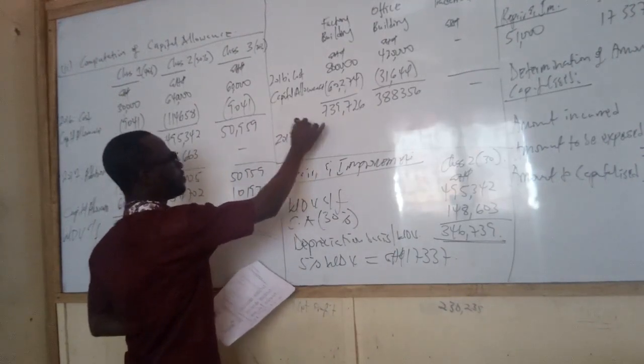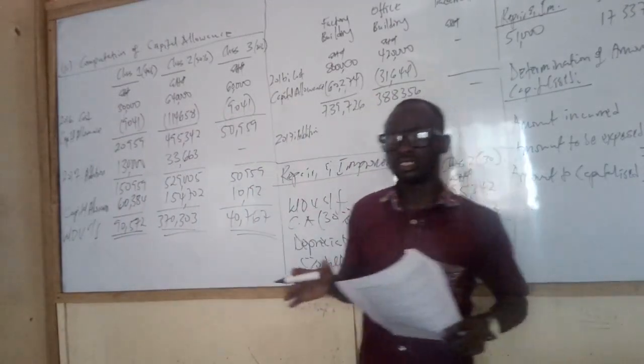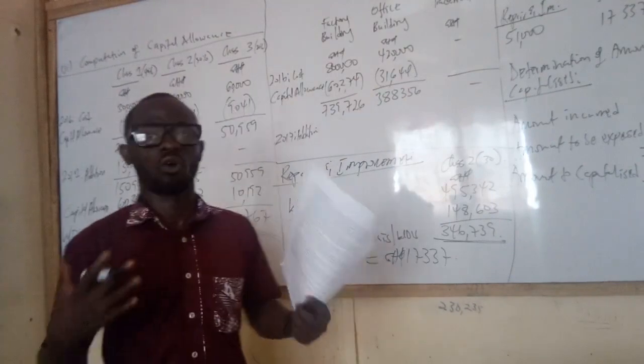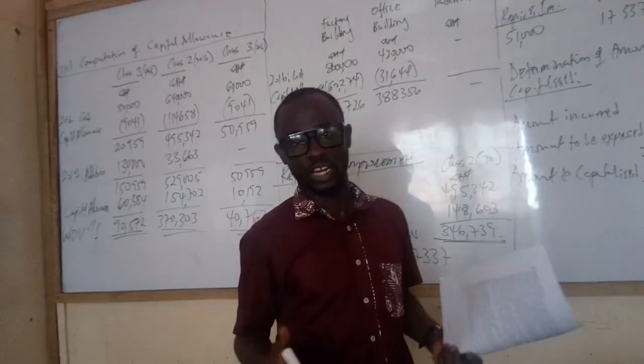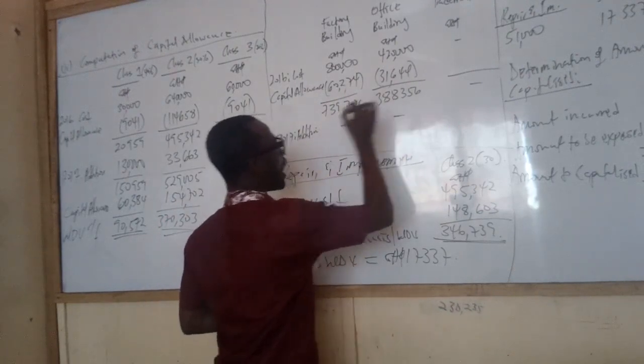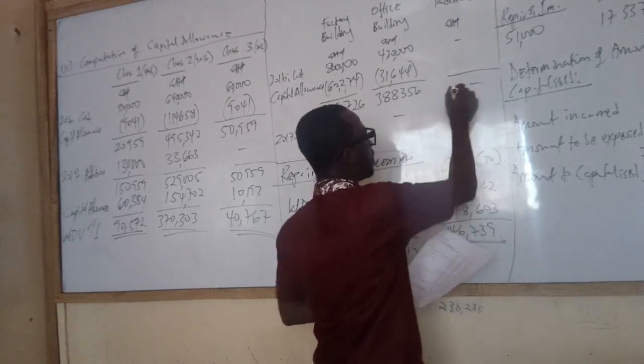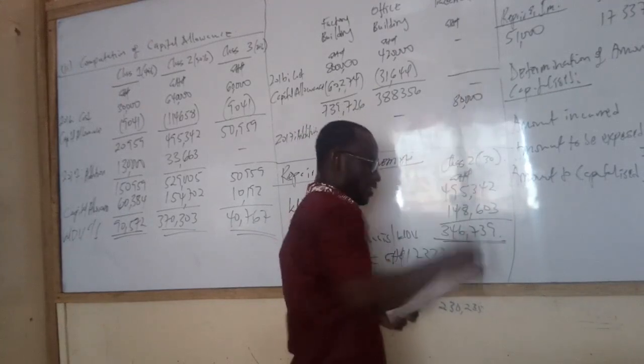Now in 2017, you remember that we were not told the company acquired a new building or built a new building. So there will not be any addition for the factory, no addition for the office building, but the trademark that we registered was valued as what? 80,000.